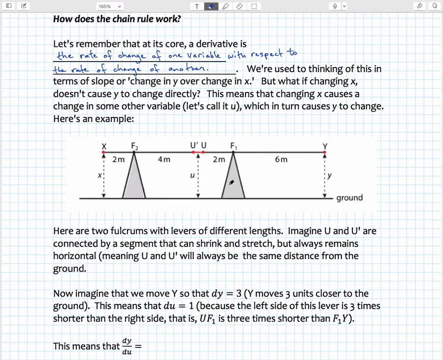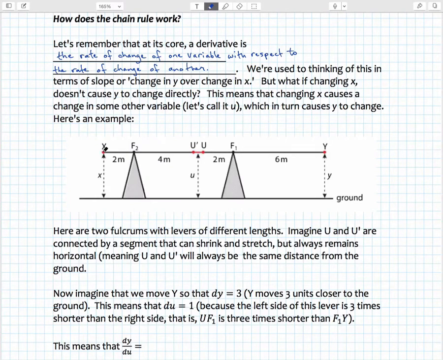So imagine here we've got two fulcrums, F1 and F2, and they've got levers on top of them. The lengths of the levers are different depending on the side of the fulcrum, but we want to consider two variables. Let's start over here on the left-hand side.